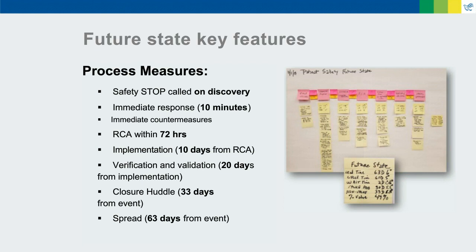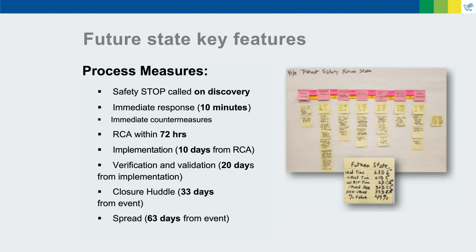We committed to an immediate response, which means in our hospitals that a house coordinator or a house supervisor responds, and then we subsequently have a team of an administrator on call and a safety stop responder to come start doing the interviews right away, sequestering any equipment that we need to sequester, and also to help implement countermeasures, which I'll talk more about in a bit.